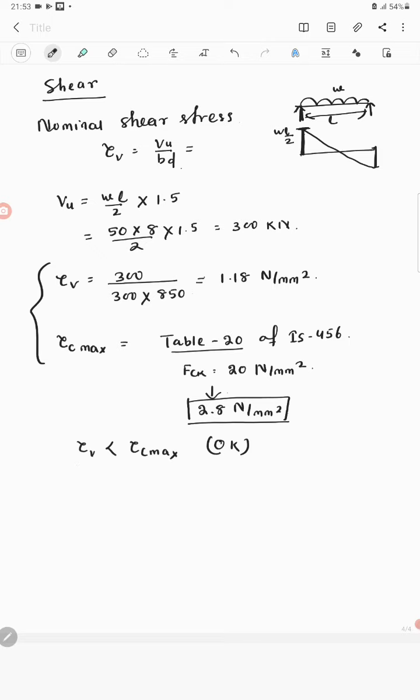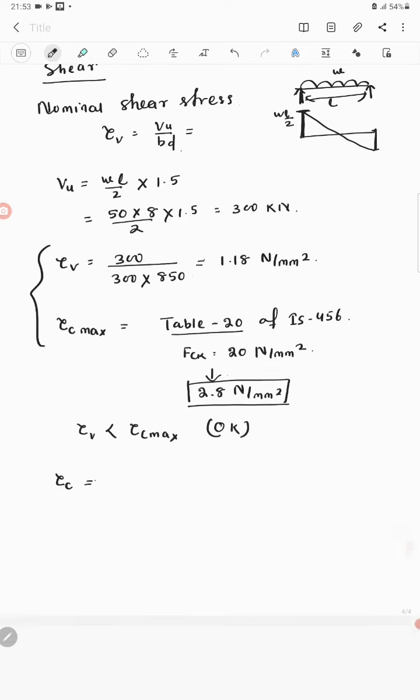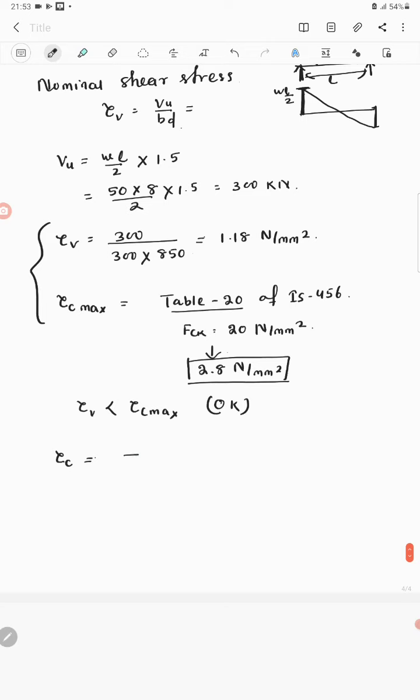Okay, now we will calculate tau c from table number 19 of IS 456, which depends upon the percentage of steel and the grade of concrete. So for fck 20 Newton per mm square, and the percentage of steel, that is denoted as pt, you can calculate as Ast by bd into 100. How much Ast we have provided?